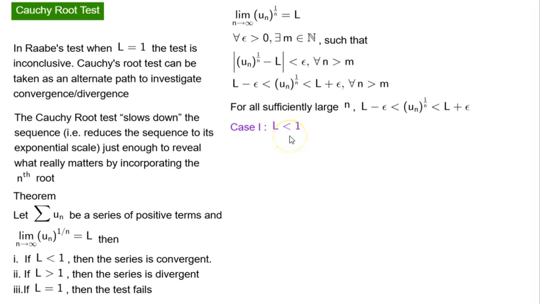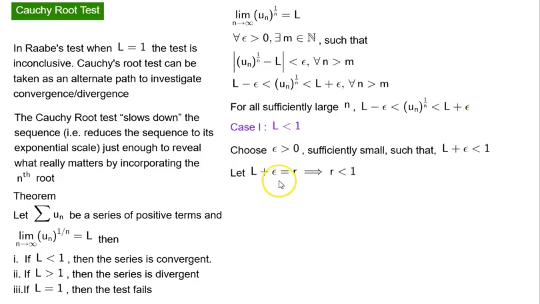So now let's look at the different cases. Case 1, the limit is less than 1. Then what happens? We choose epsilon greater than 0 sufficiently small such that L plus epsilon is less than 1. Let L plus epsilon be equal to R, which implies R is less than 1.